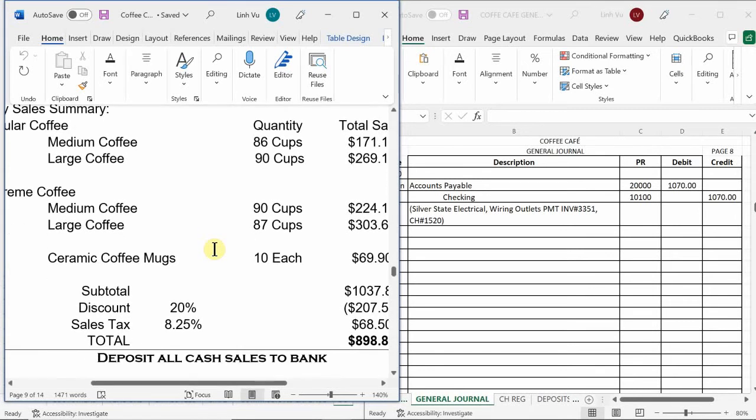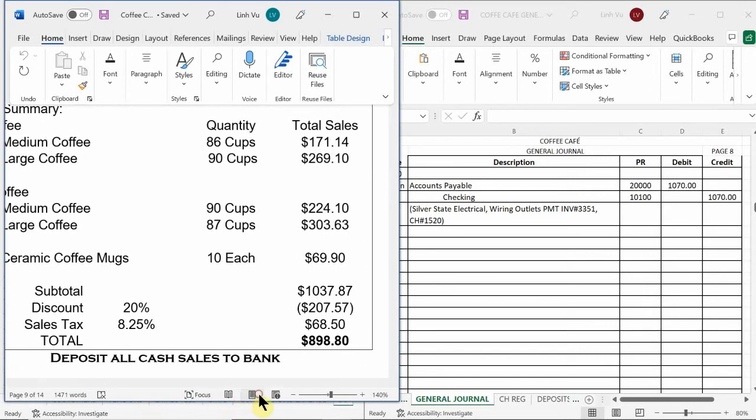Okay, here gives us a grand total of $1,037.87. And then we got tax $68.50, giving us a grand total of cash sales of $898.80. So once again, this is where we're going to deposit all the cash to the bank.